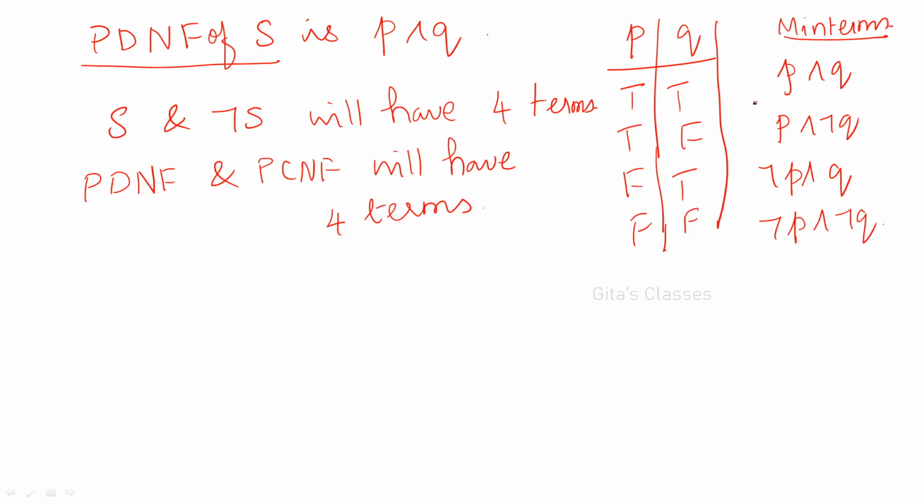So one min term we have in S. So what will be the PDNF of negation of S? The remaining 3 terms will be there in the PDNF of negation of S. So what are the remaining terms? P and not P.